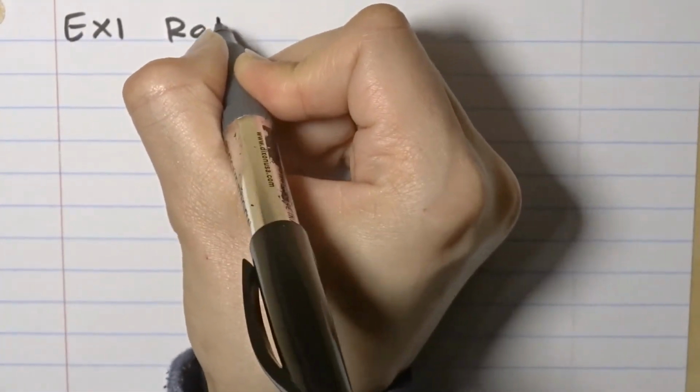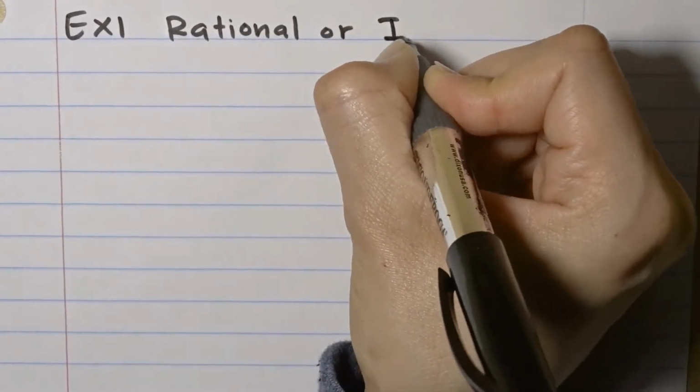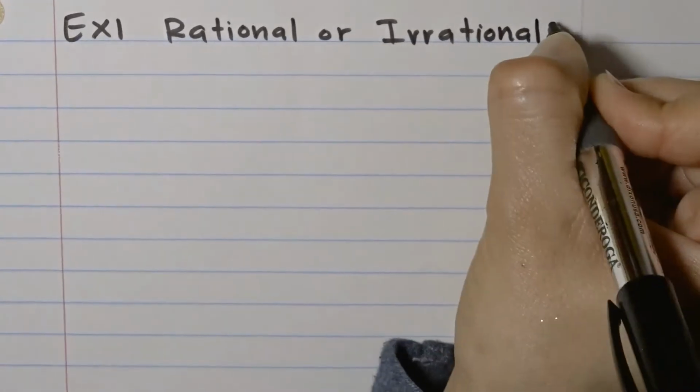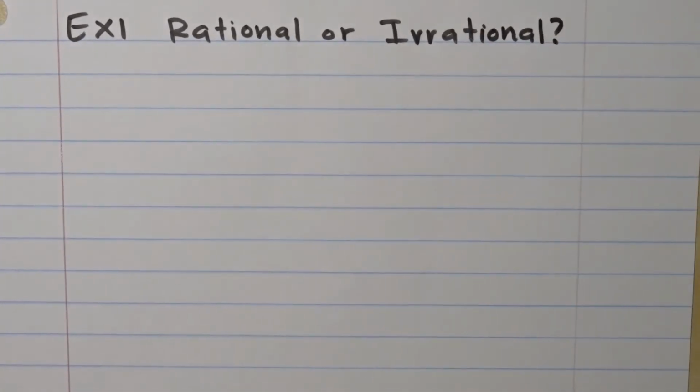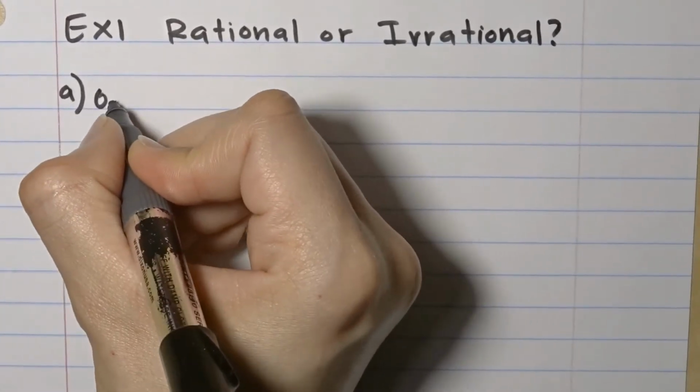Rational or irrational? All right, so here's a series of numbers. We're going to analyze them.